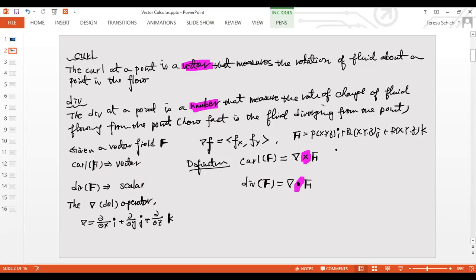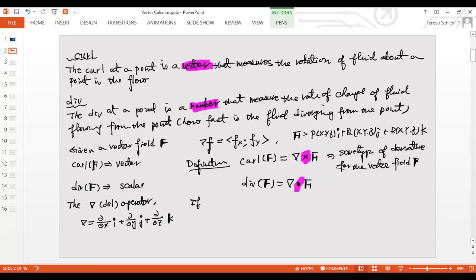You should think of the curl as some type of derivative of the vector field, because del's operation is ∂/∂x i, ∂/∂y j, and so on, applied to the vector field F(x, y, z).